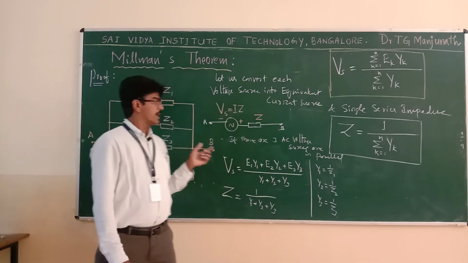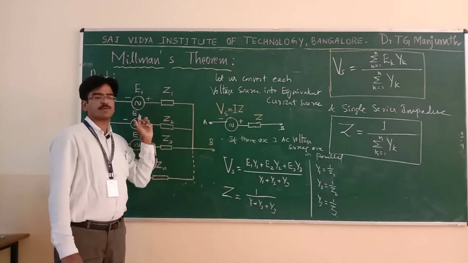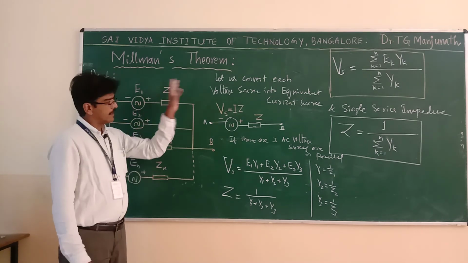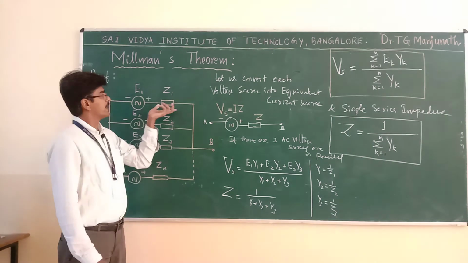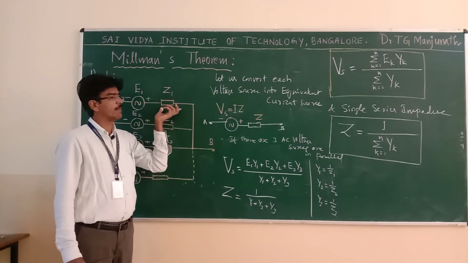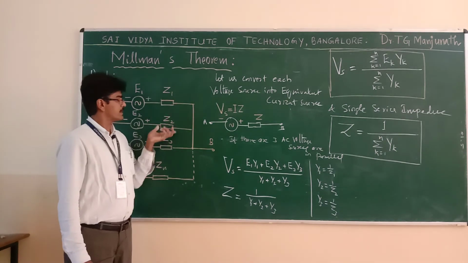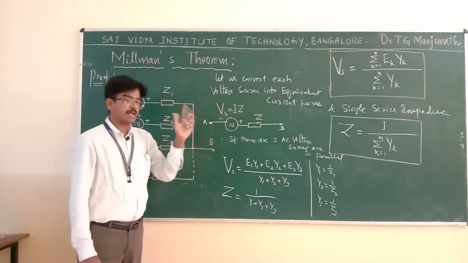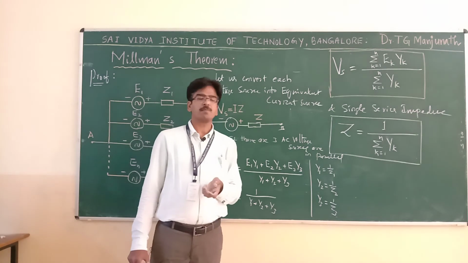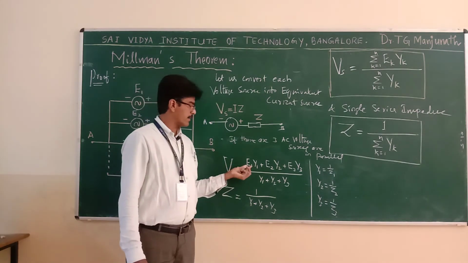Suppose the network has DC sources. The formula remains the same. For DC, resistances will be given. Then if resistances are given, we will take the conductances. Conductance is represented by G. Then what will you get here?